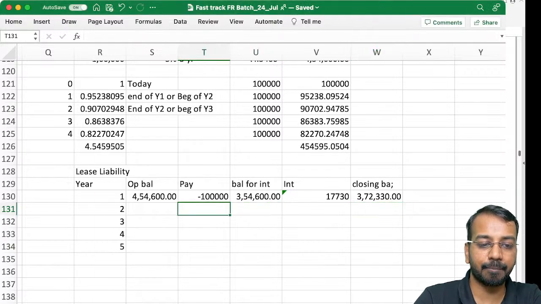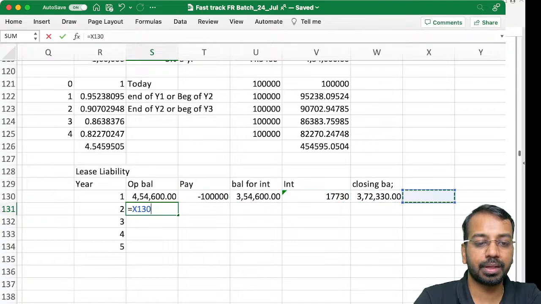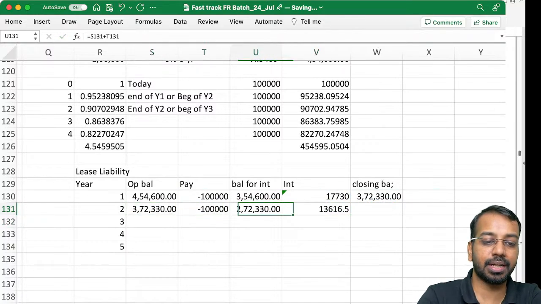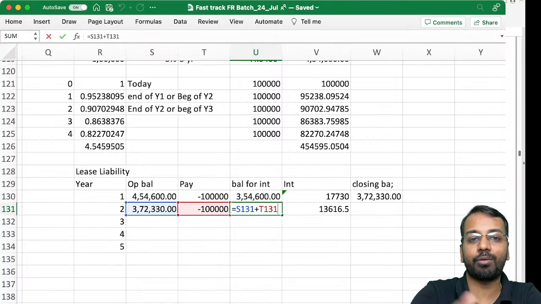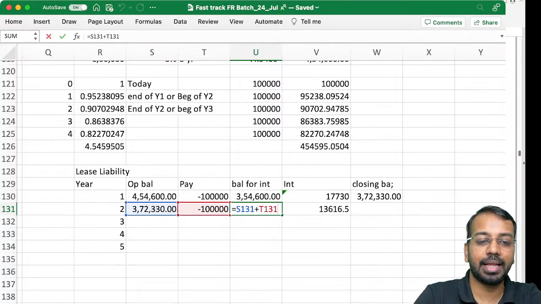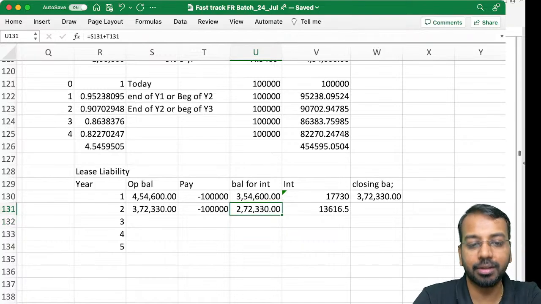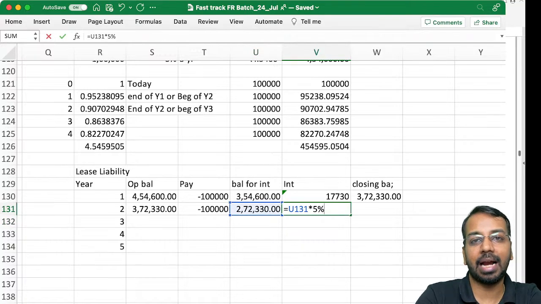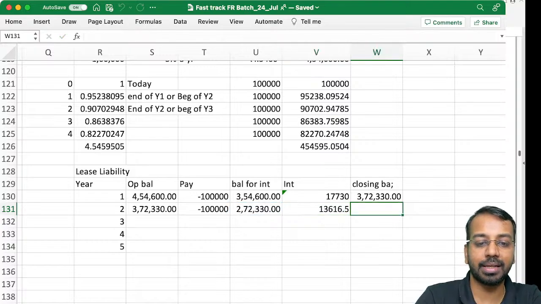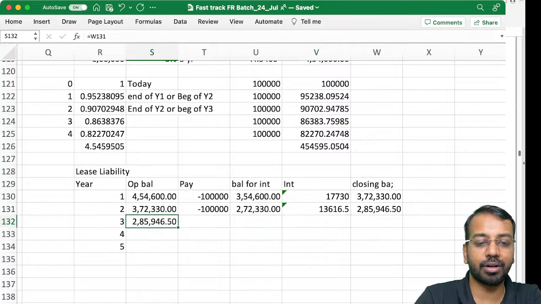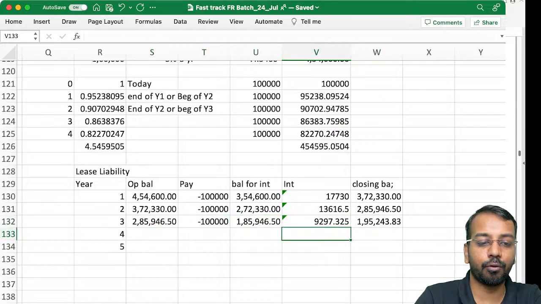Then second year, opening balance, payment, balance for interest, interest. Balance for interest is opening balance minus 1 lakh which I have paid at the beginning of the year. Balance for interest means the amount on which I will be calculating the interest. Then interest at 5%, the closing balance 285,946. Then like this you calculate for 5 years.